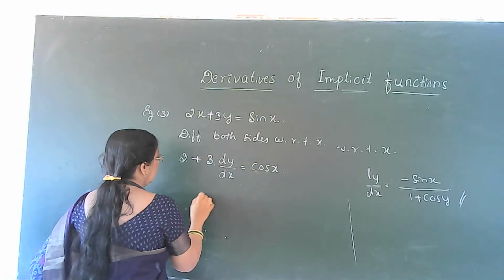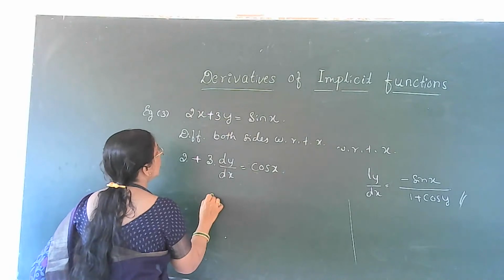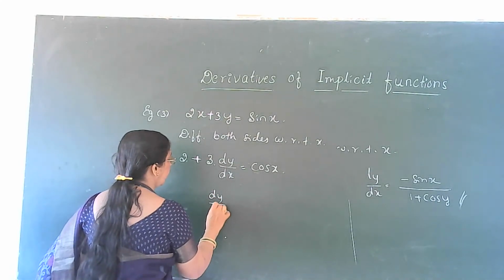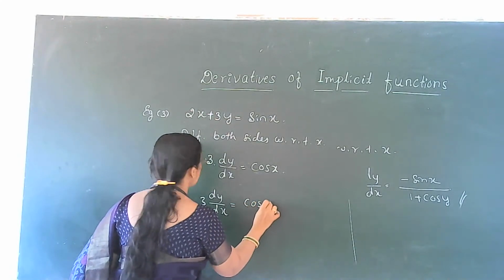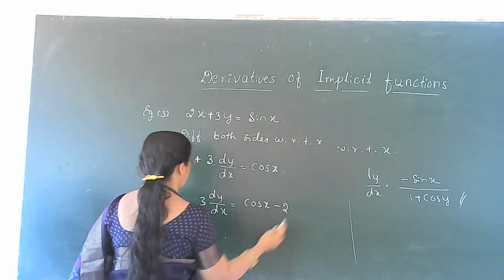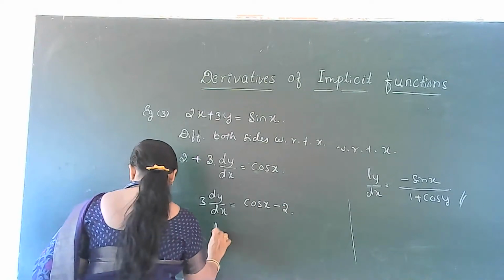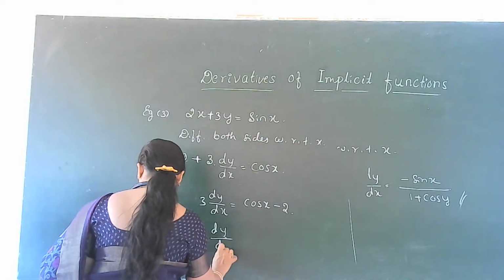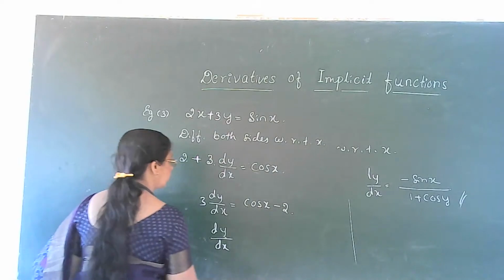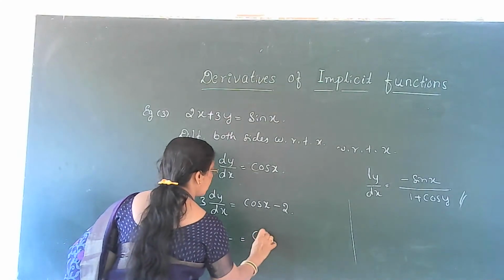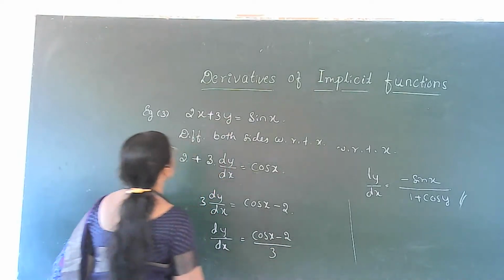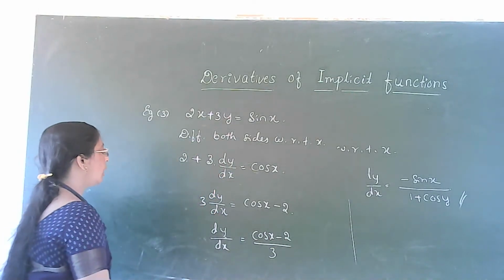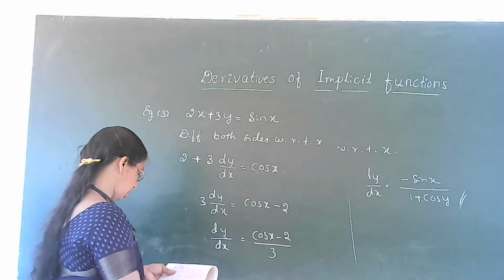Therefore, 3 into dy by dx equal to cos x minus 2. Then dy by dx equal to cos x minus 2 divided by 3 is the answer.